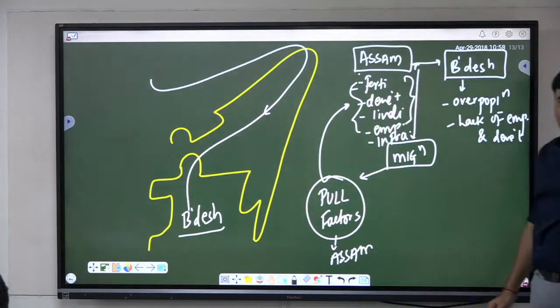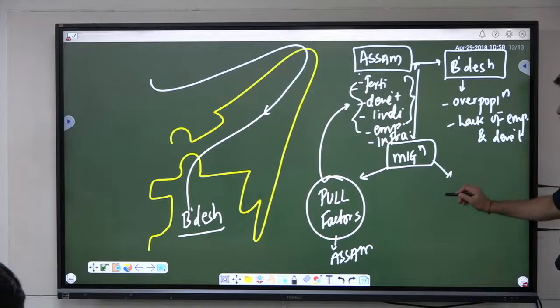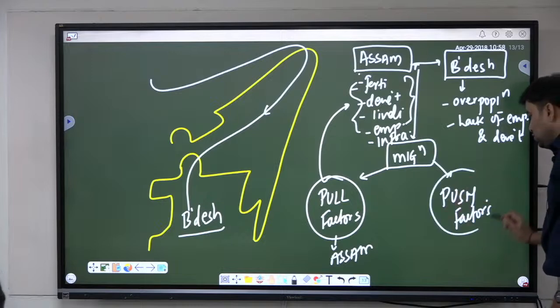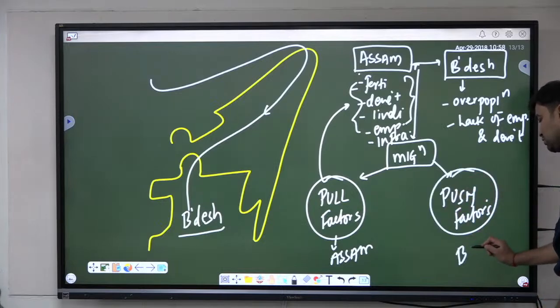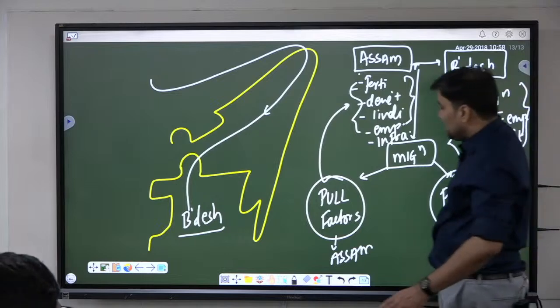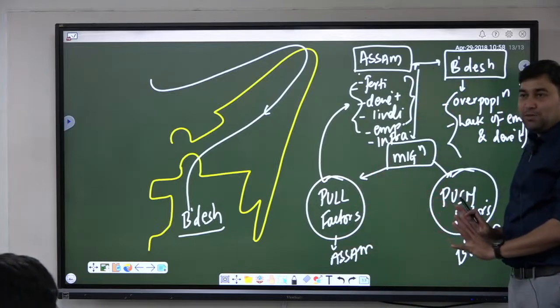Am I right? And why are people leaving? What are the push factors for people to leave from Bangladesh? Because of these two reasons. Got the idea? Push and pull factors, I hope that you got that.